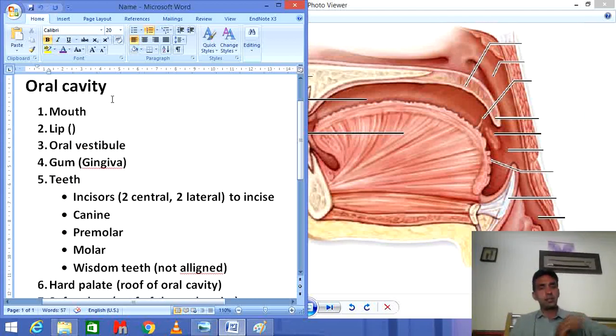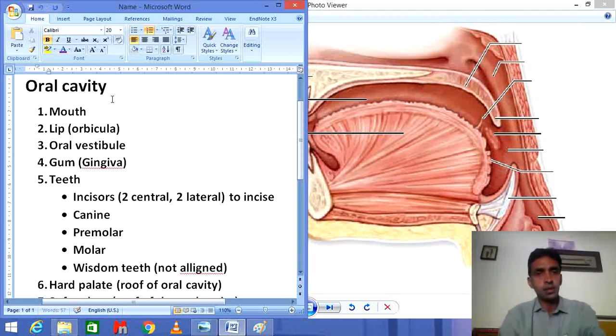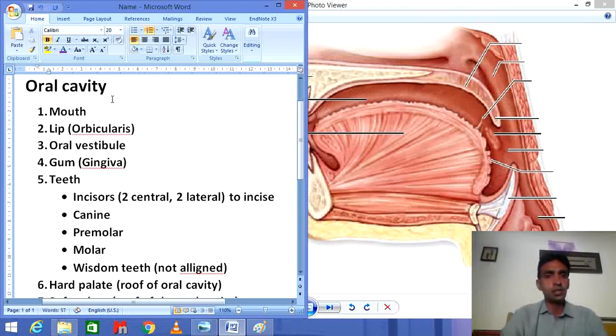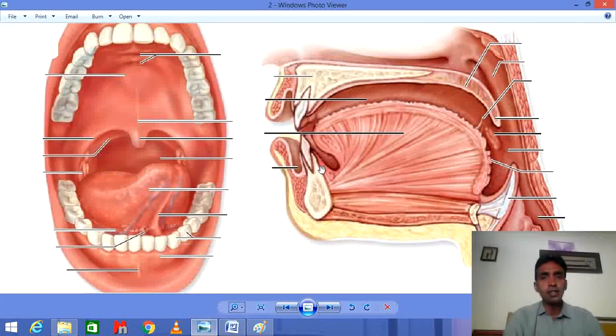Okay, some muscles are present in the lip. Those are called orbicularis muscles. The orbicularis muscles usually contract when the upper jaw and lower jaw come in contact with each other forcefully.